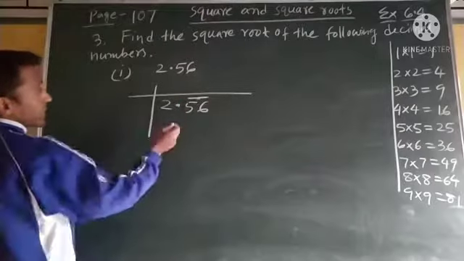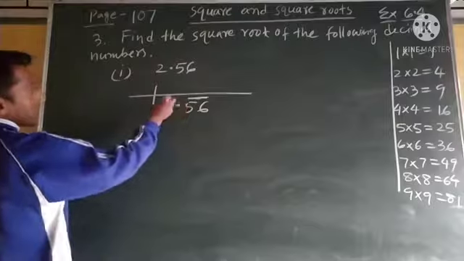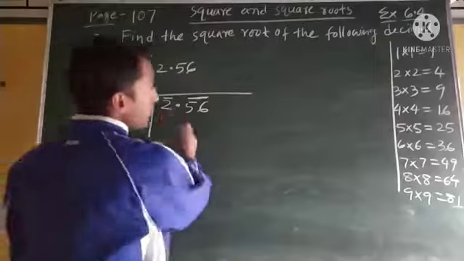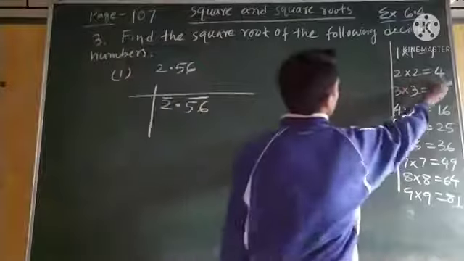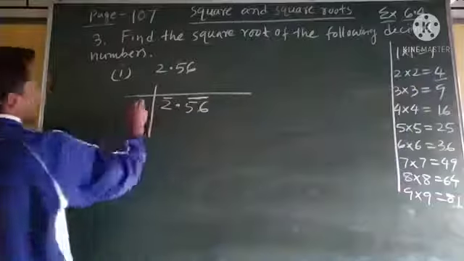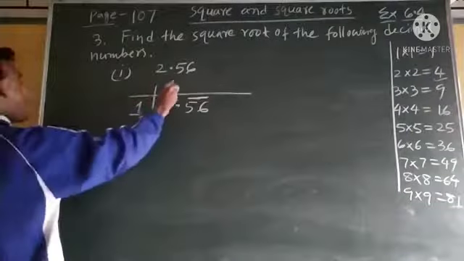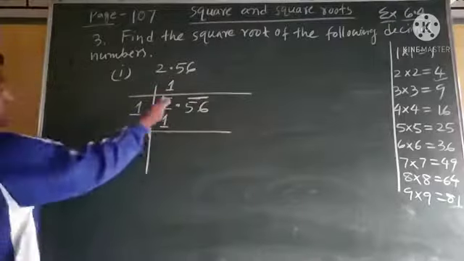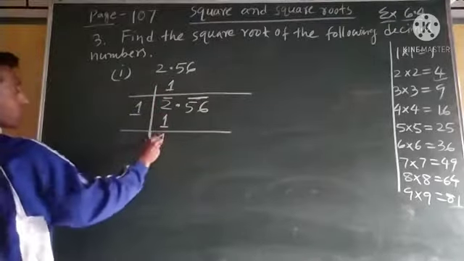We get one pair, then this one. Now you see, first we have to give time to 2. If you give 2 times, then we will have how much? 4. So you have to give 1 time. 1 is a 1. In the next step, you do subtract. 2 minus 1 is 1.